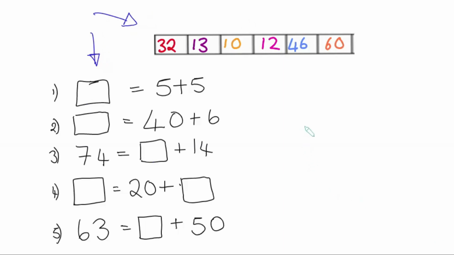Okay, are you ready? We're going to start with number one over here. We're going to read this out as a number sentence, just as you would read a normal sentence, and then work out which number belongs there.